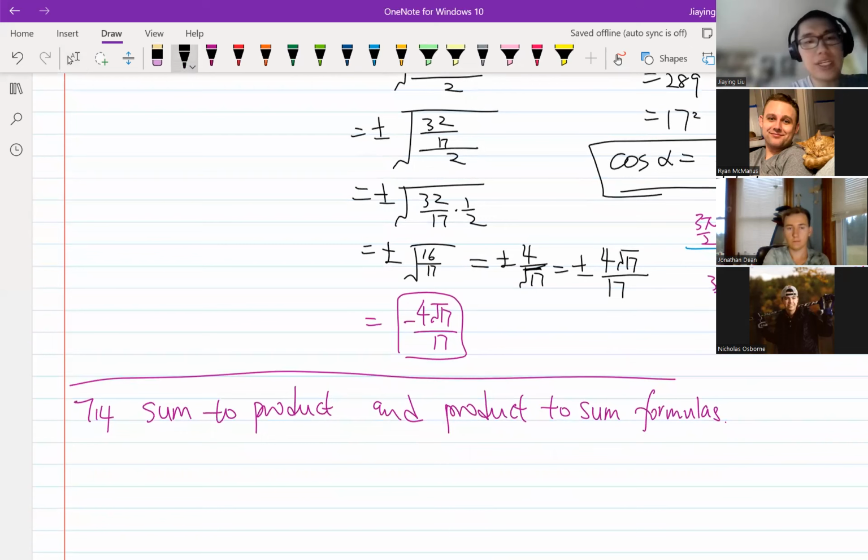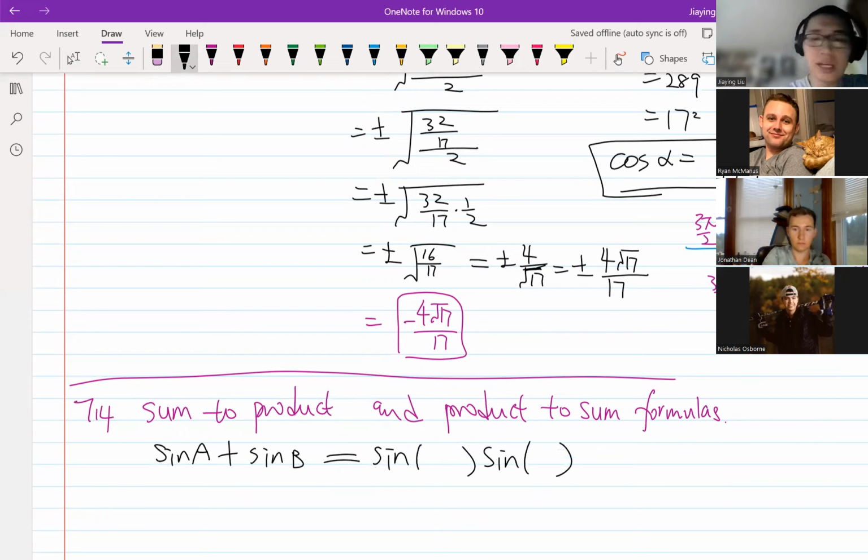What this says is that for the sum to product formula, if we have sine A plus sine B, can we write it as sine of something times sine of something, or maybe sine of something times cosine of something? That's the sum to product formula.